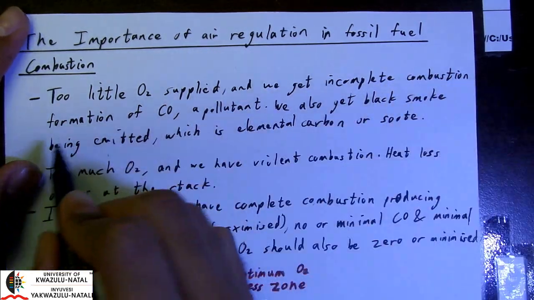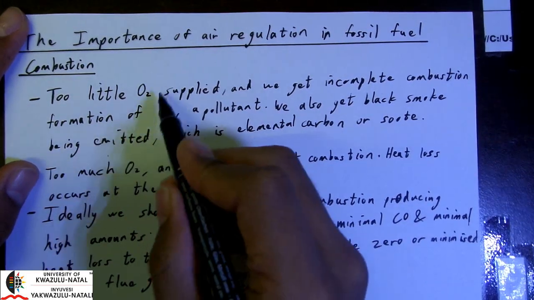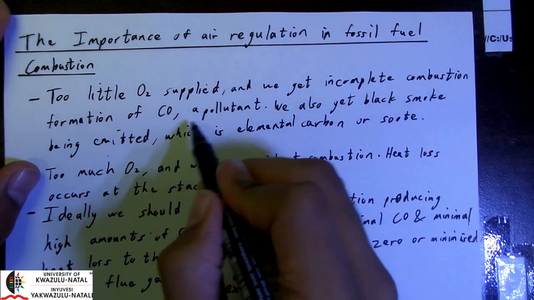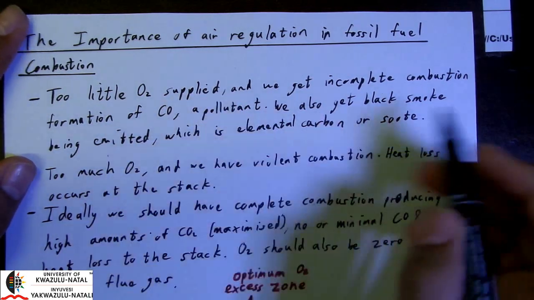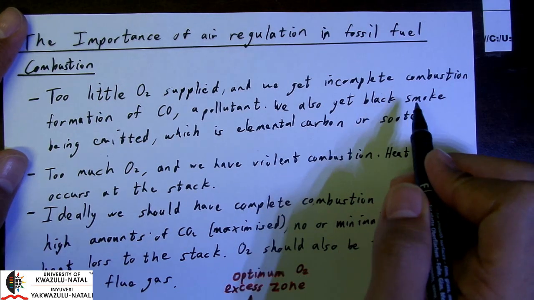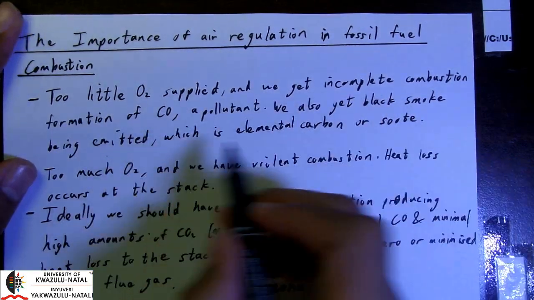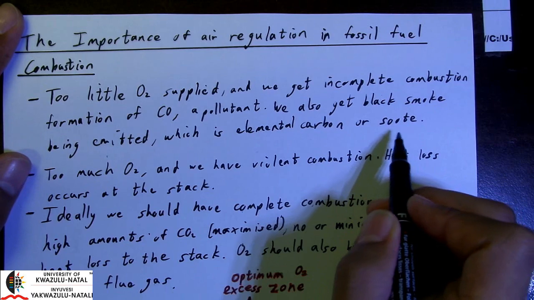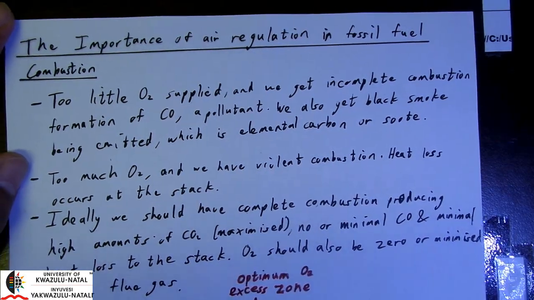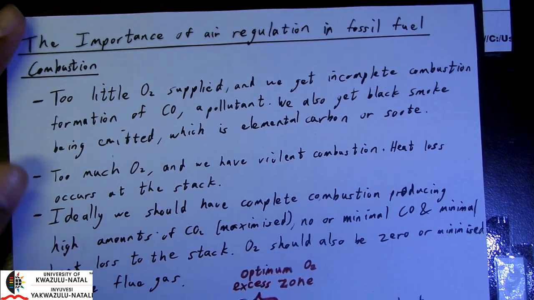We will have the formation of carbon monoxide rather than carbon dioxide. CO, as you know, is a harmful pollutant. And we also get black smoke being emitted out the stack, which is elemental carbon or soot. Okay, and we get this as opposed to getting ash being emitted out through the stack.